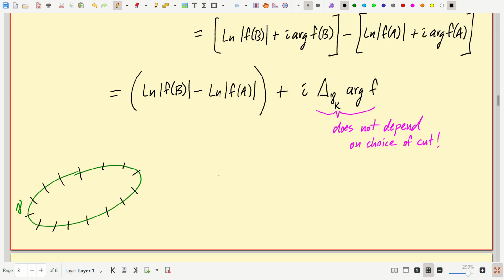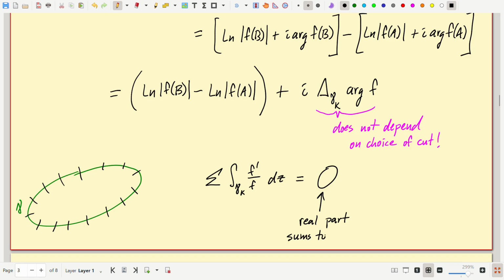Okay, so let's think about if I sum up the integral around the gamma k's of those little segments. When you add those up around, I'd get a sum. The real part's going to sum to 0. So the real part sums to 0, and I'll explain why.